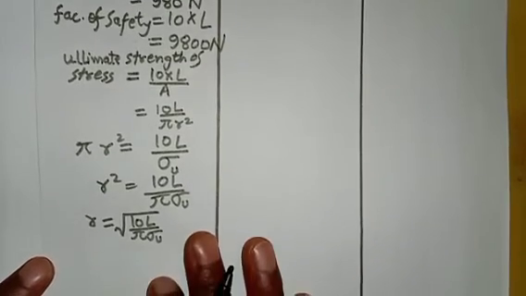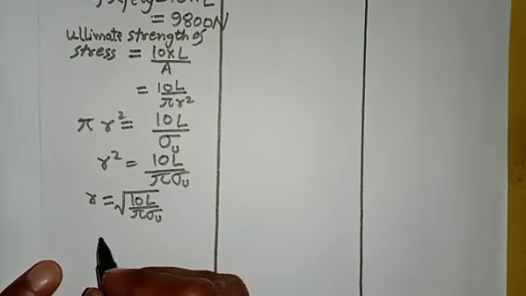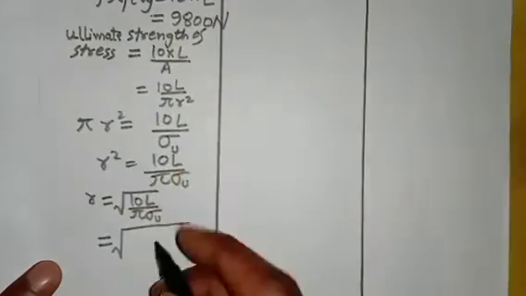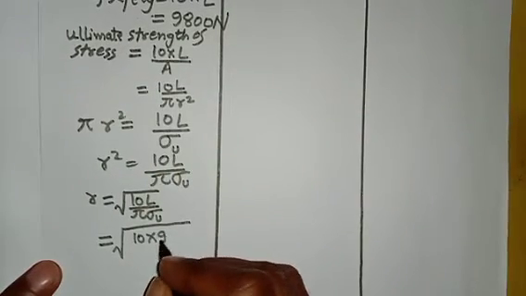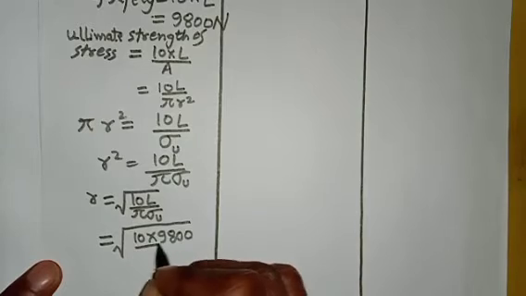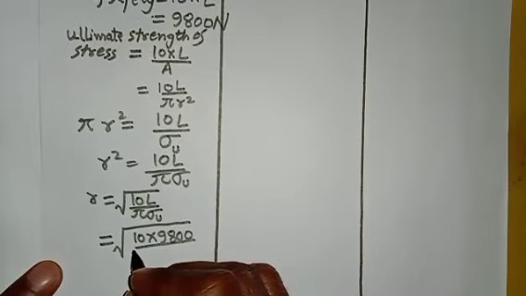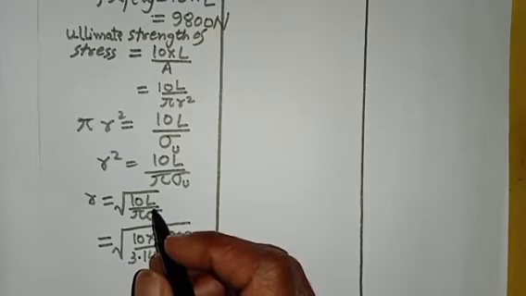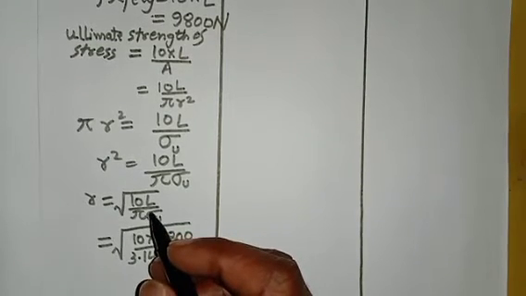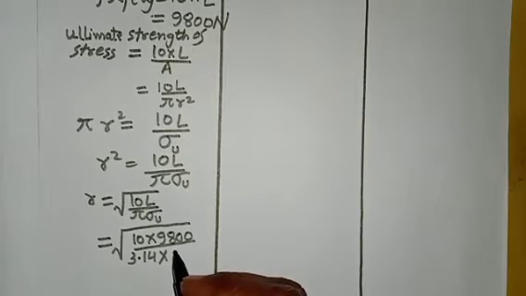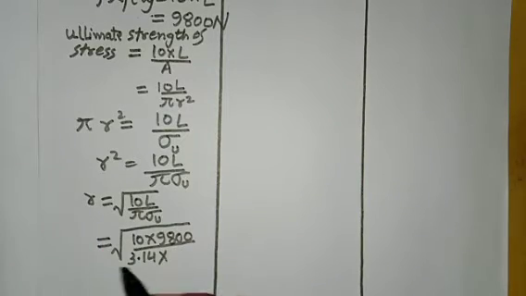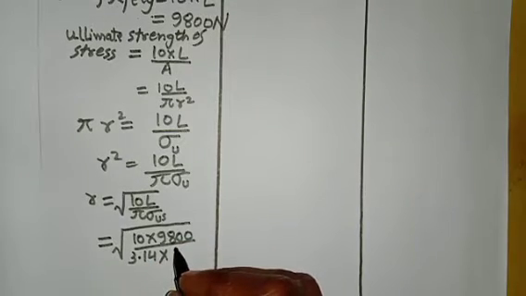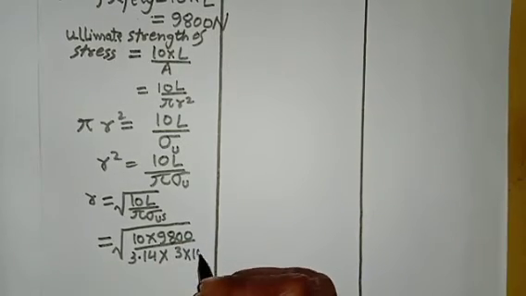And see, if we want to make rope of steel, then according to given condition, it will be 10 into 9800 upon pi, that is 3.14, times this ultimate stress for steel. It is for steel, so it will also be given, so I'm taking it for steel. For steel it is 3 into 10 to the power 8.